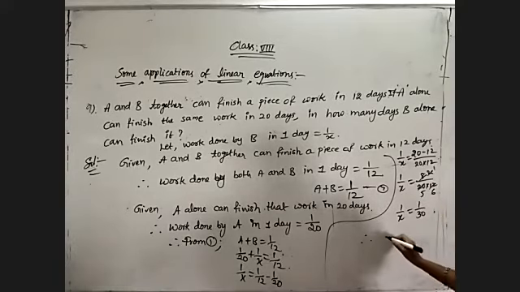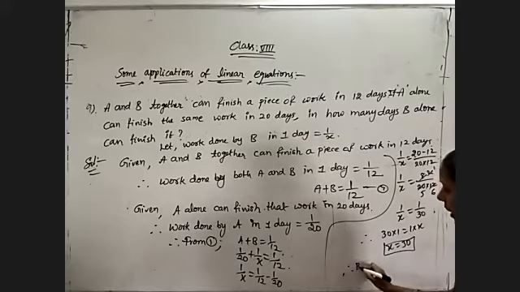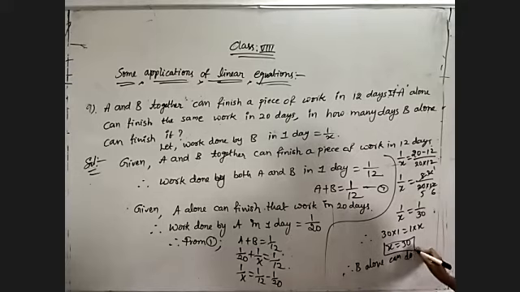Therefore, go for cross multiplication. 30 into 1 is equal to 1 into X. So X is equal to 30 days. Therefore, B alone can do the work in 30 days.